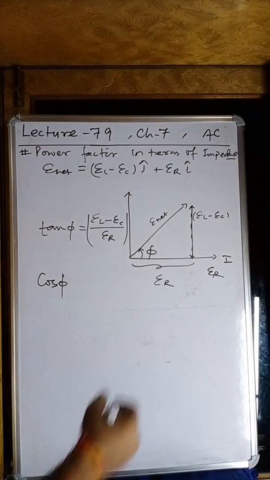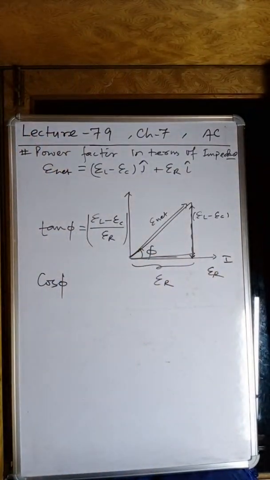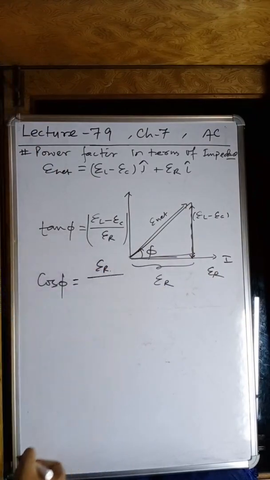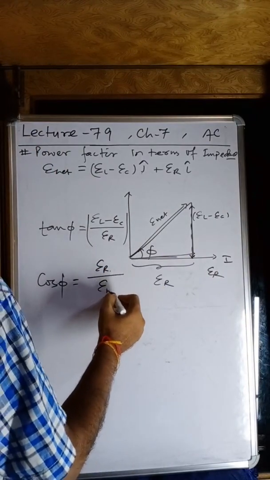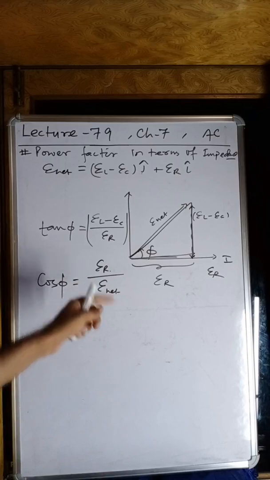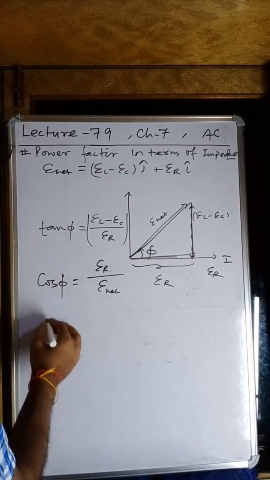Look at this triangle carefully. The cos phi is nothing but the base over the hypotenuse. The base is ER, over the hypotenuse, E net. Could we write this as ER over E net? We know that in an LCR series circuit, current remains the same.